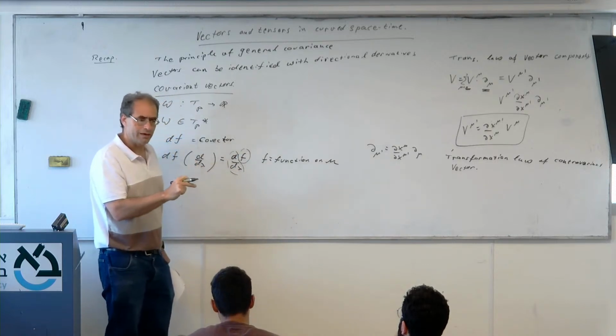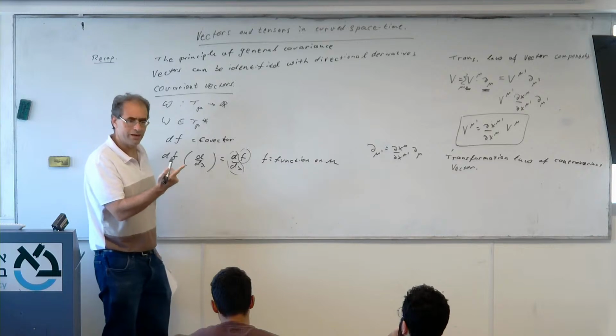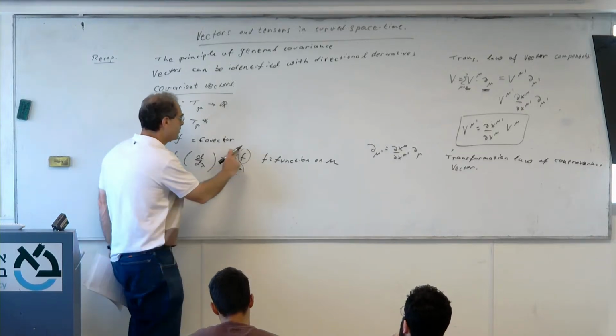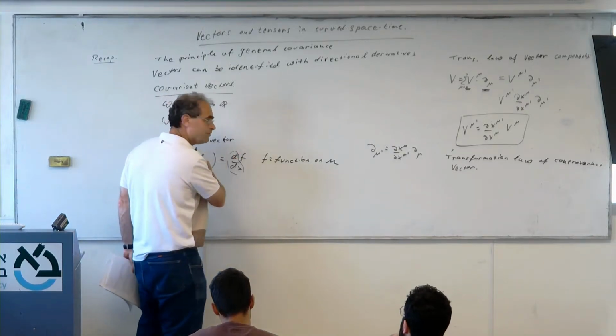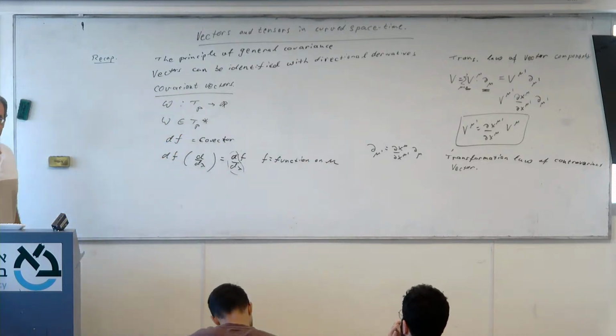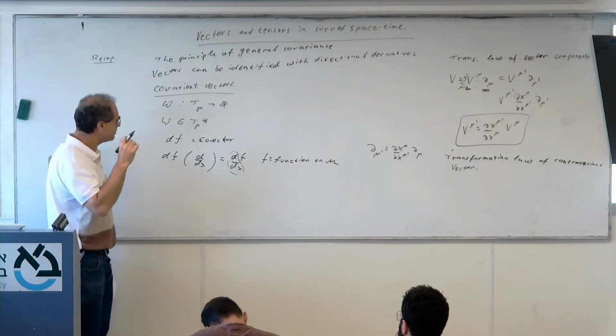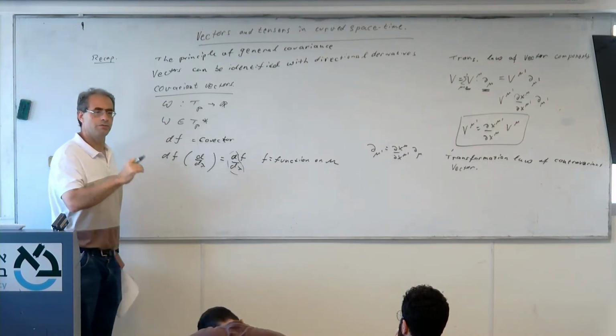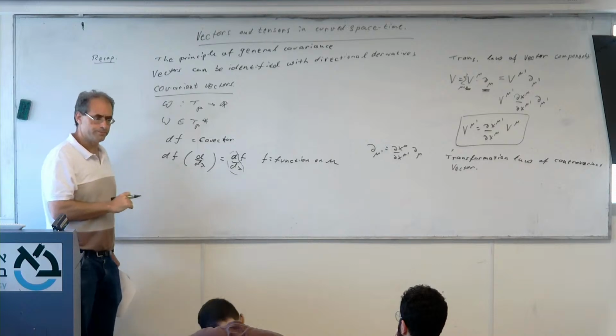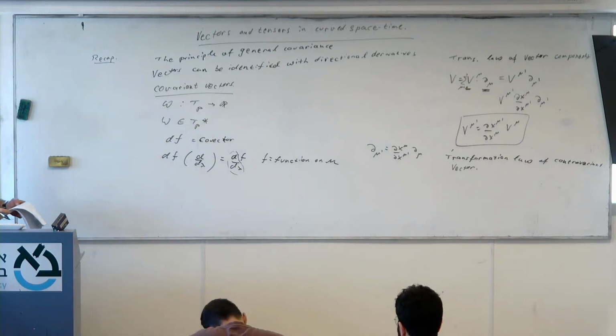P itself will not be enough, just one value of the function. So that's why I need to know the gradient of the function. Again, I'm enforcing that everything I do is limited to the point p.